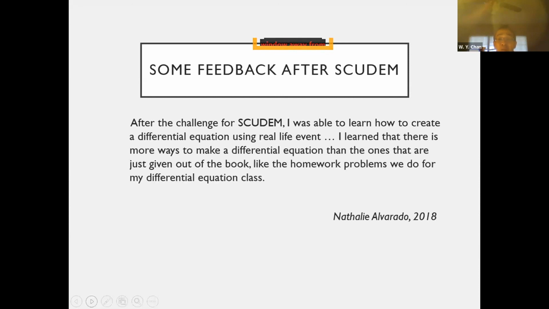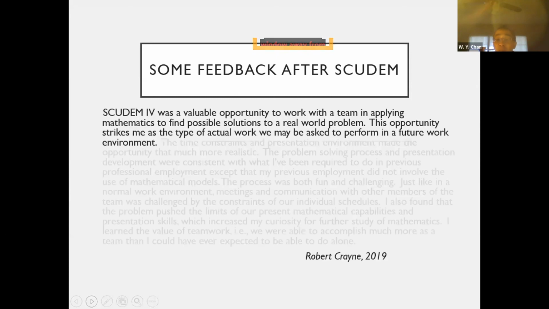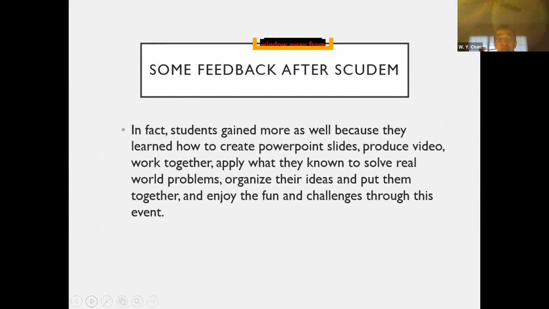And this is more detail. And then Robert in 2019 said that school team number 5 was a valuable opportunity to work with a team and apply mathematics to find possible solutions to real world problems. So I would say students are really, really excited about that. And this is the whole detail.